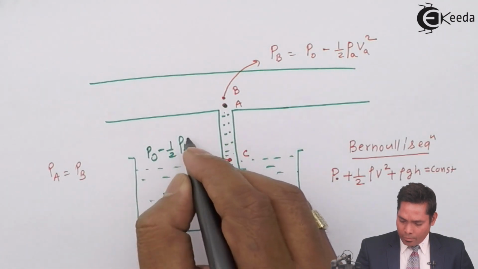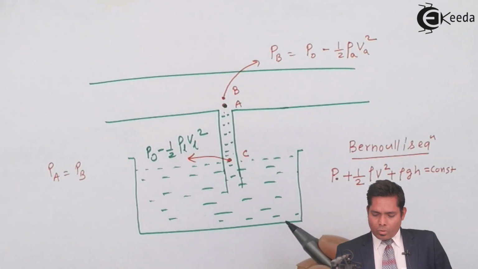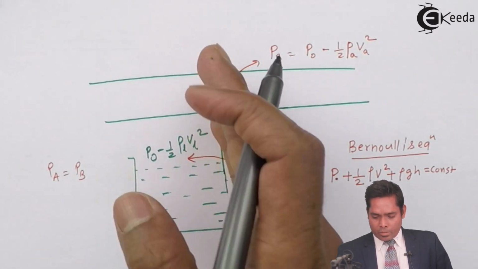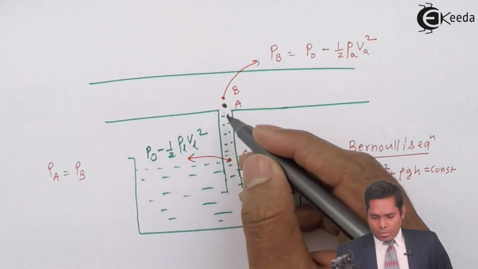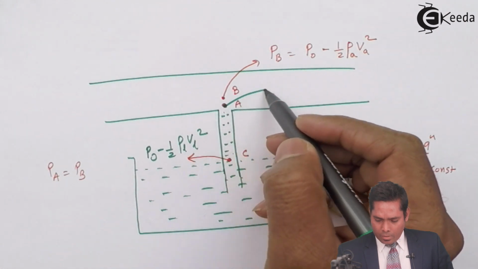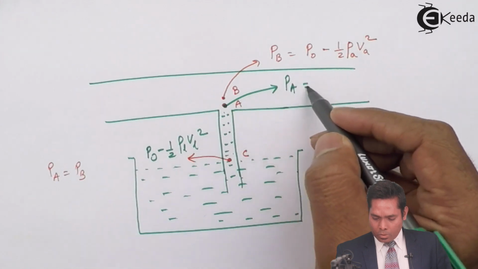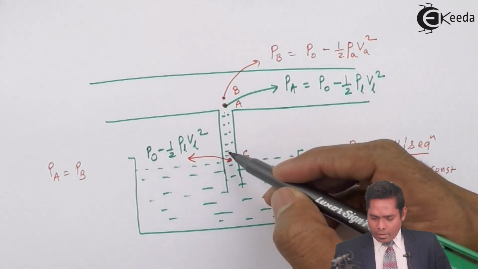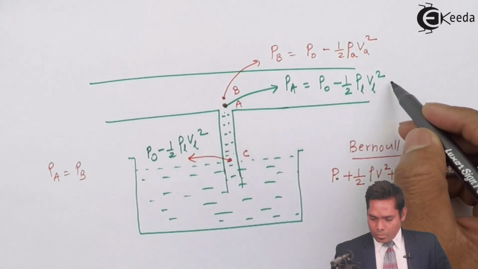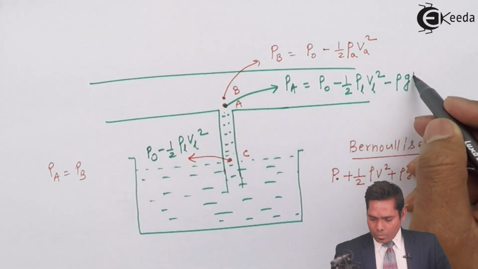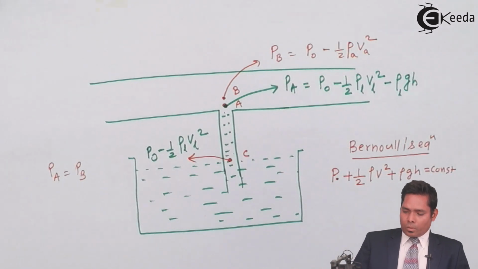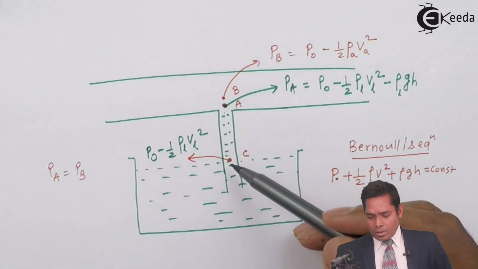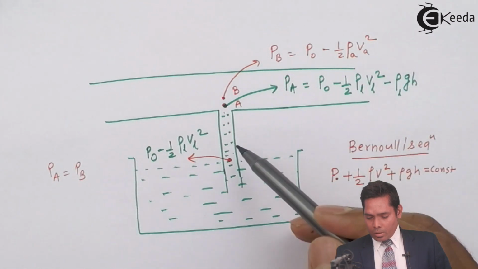half rho L VL square. Because the pressure here is more and here is less, since the air is moving from higher pressure to lower pressure, this point A will have a pressure equal to the pressure at this point minus rho G H, the height of this liquid column.